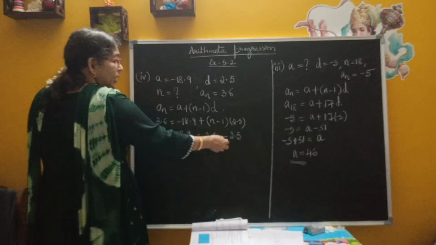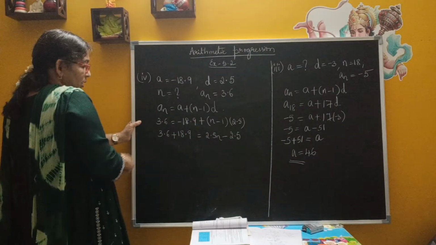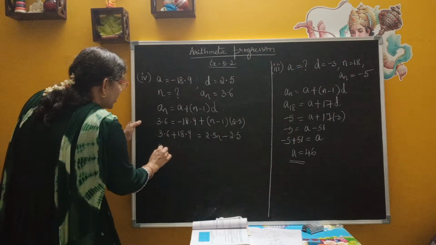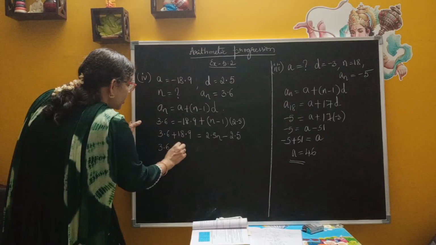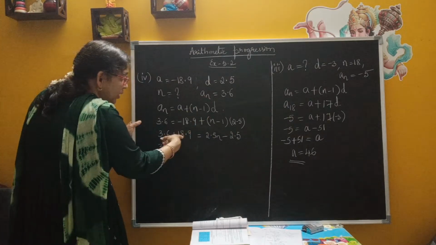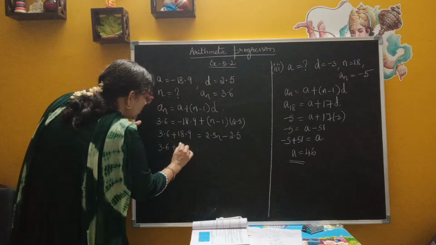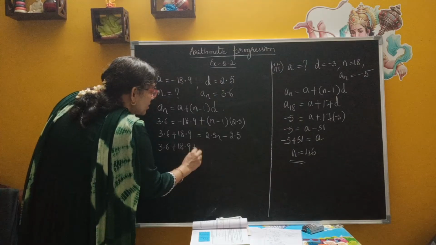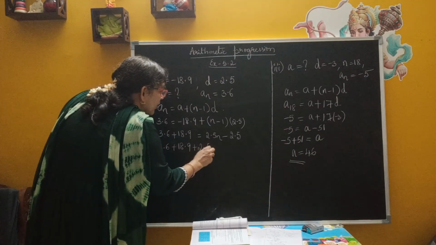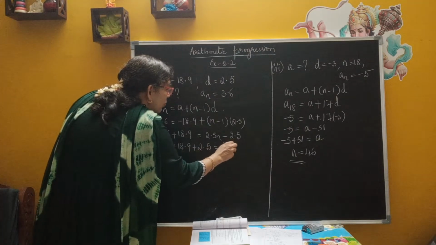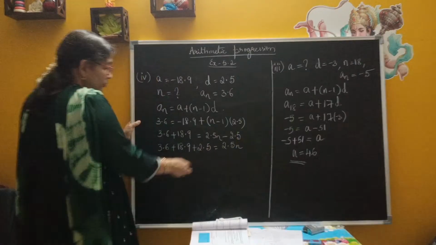Now again I transpose this also to the LHS, plus 2.5 is equal to 2.5n. Simplify now.